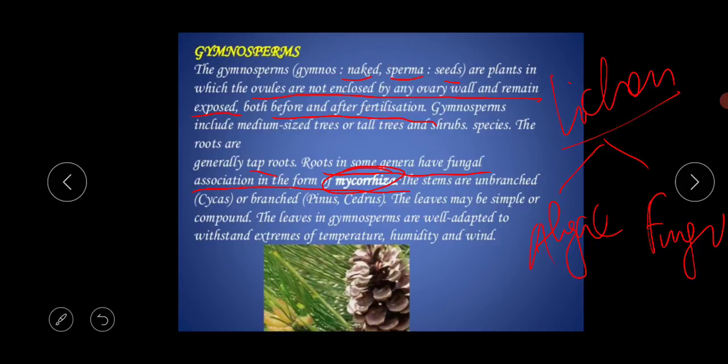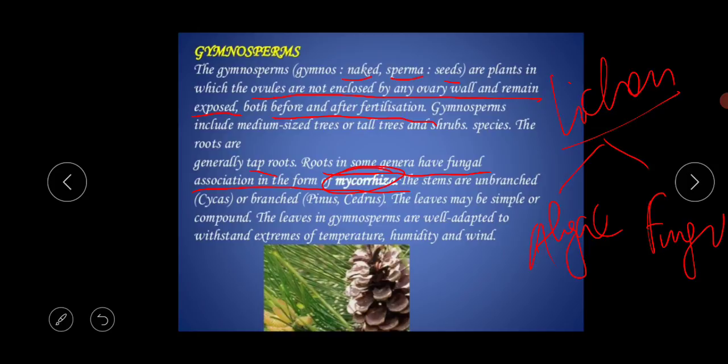The stems are like the pine tree, while in some other plants like Cycas, small specialized roots called coralloid roots are also there, which are associated with nitrogen fixing cyanobacteria. These kinds of roots help in nitrogen fixation.